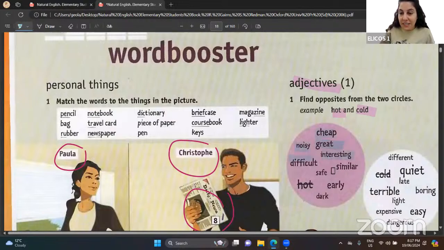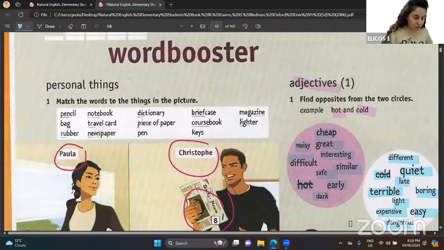Difficult, interesting, similar, safe, hot, early, dark, different, quiet, cold, late, terrible, boring, light, expensive, easy, dangerous.